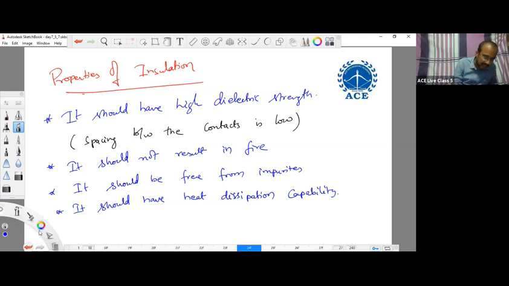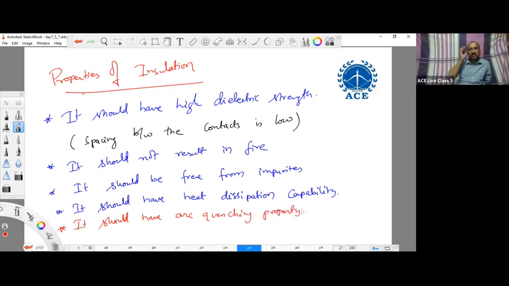Apart from all this, one important property that the insulation should have is arc quenching property.